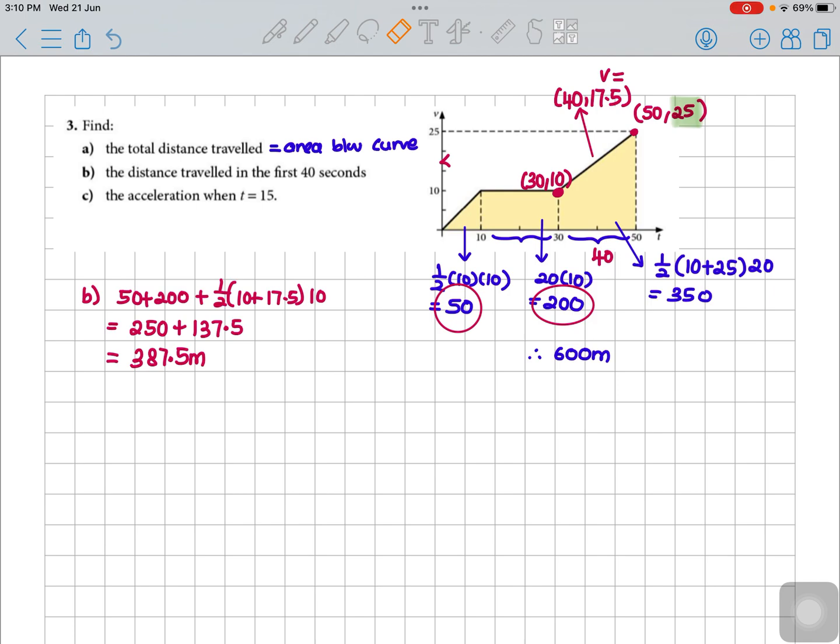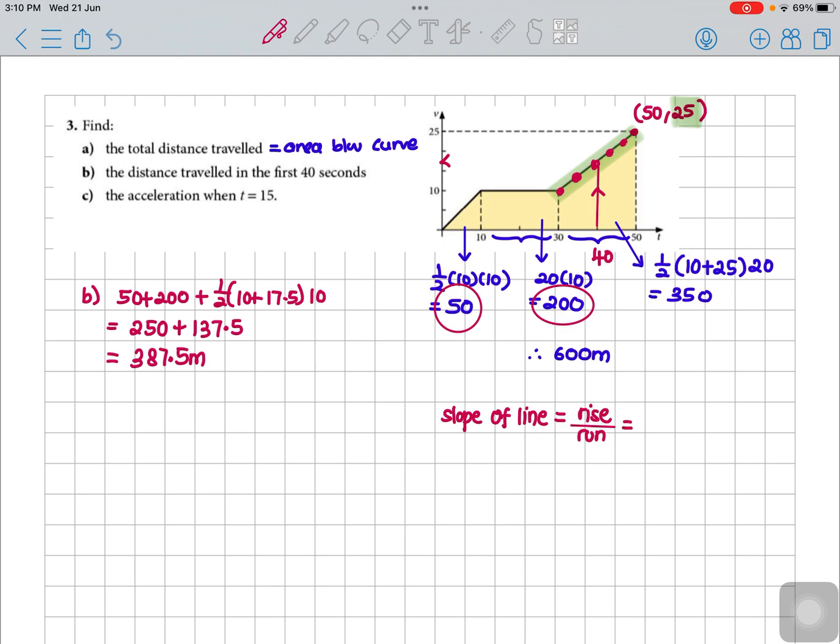Let's see how I actually use gradient in order to find the V. We all agree that this is a line and the slope of this line has to be the same regardless of any point that you are taking here. But now I am specifically interested in 40 seconds here, correct? So let's find the slope of the line. How do you find slope? You do rise over run.